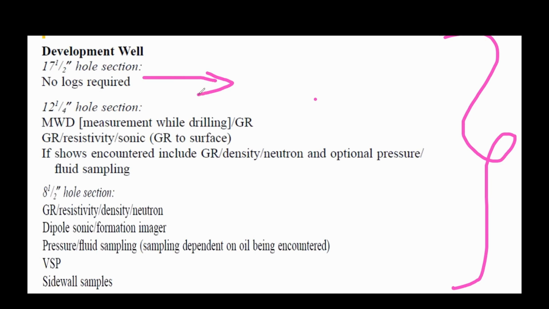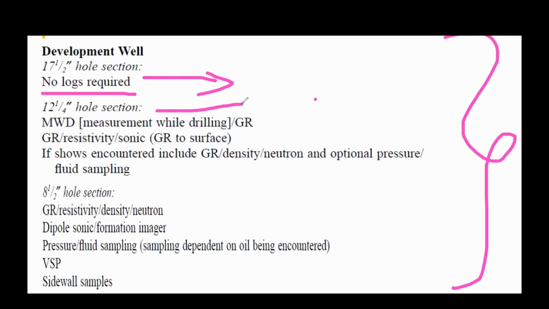That is optional, depending upon the company. If a company like ONGC, Reliance, Cairn India, or some other E&P company says I want logging, they'll go. Otherwise, they don't. So logging is not mandatory for the 17.5 inch hole section.